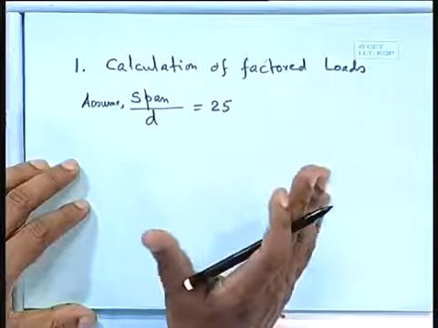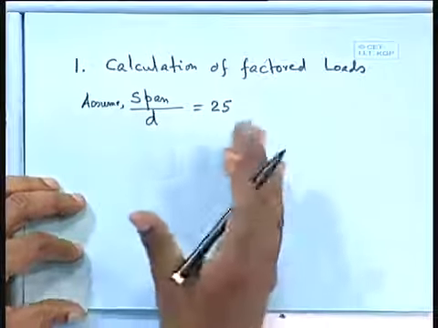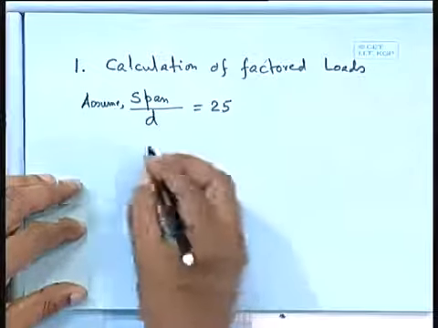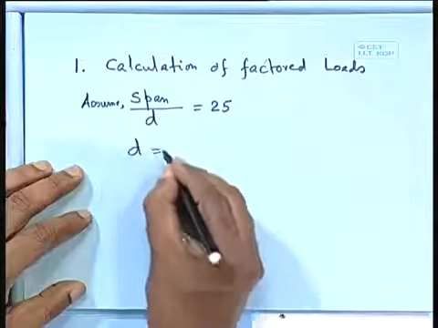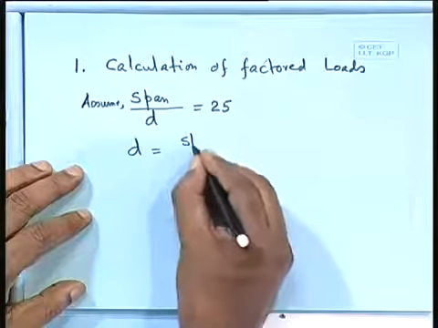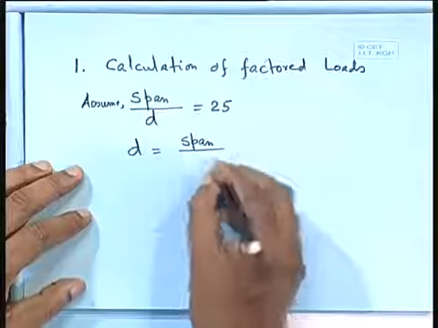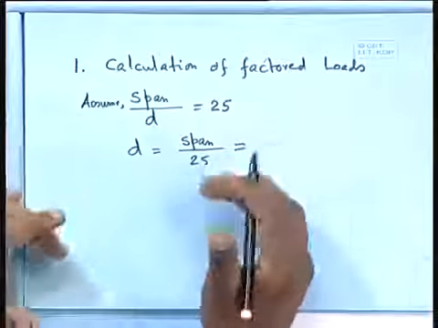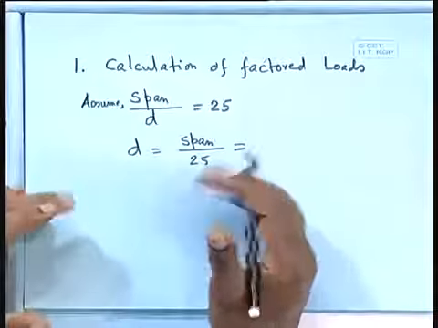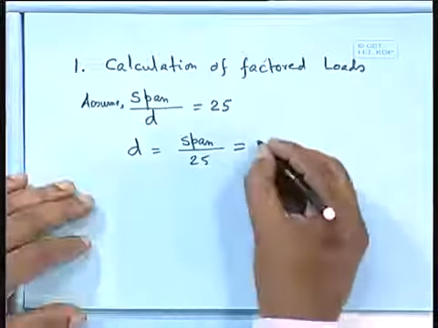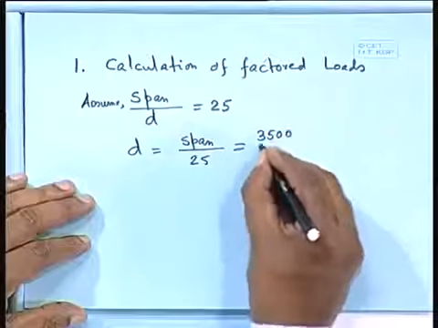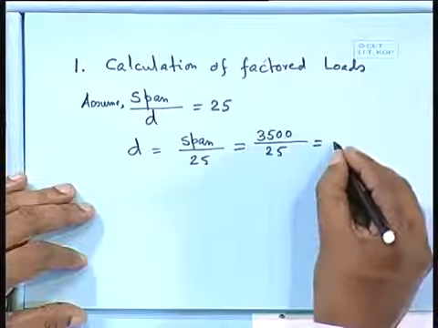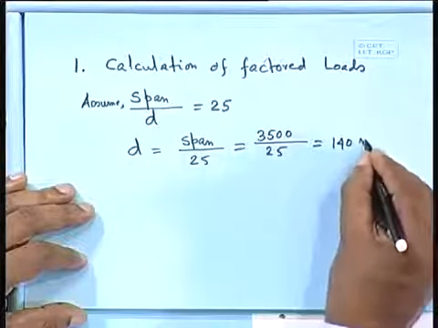For simply supported it is 20, but considering reinforcement and other things, we are taking, say, 25. So, we can find out D equal to span by 25, and we have not yet calculated the effective span, because this is after all a preliminary estimate to find out loading and other things. So, we can take it here directly, say 3500, and on the basis of that we shall get 140 millimeter.